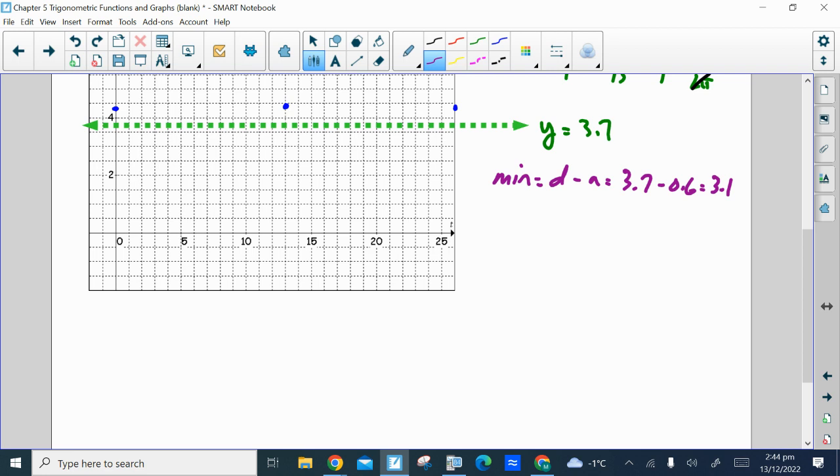So halfway between the first two maximums, which are 13 units apart, at 6.5 units, we'll be at 3.1. And then halfway between the next two maximums, another 6.5 units, we'll be back at the minimum.